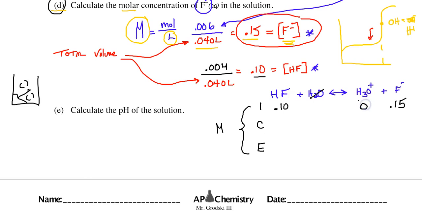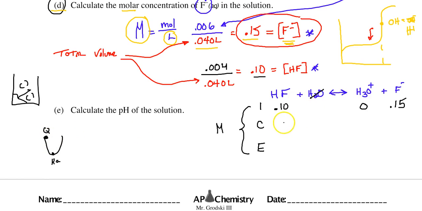We're going to say that no H3O plus has been produced by this acid. Remember, when we do equilibrium problems, I like to start from the position that this acid has yet to dissociate. If there's 0 H3O plus because this hasn't dissociated yet, then it must be a position where I'm starting with Q really small, less than K, or Ka if you want to call it. So it's going to go forward.